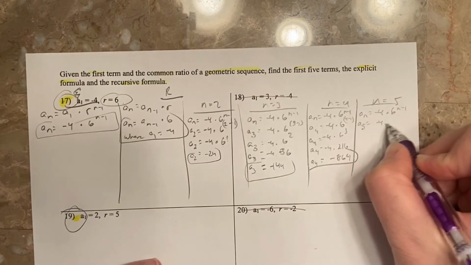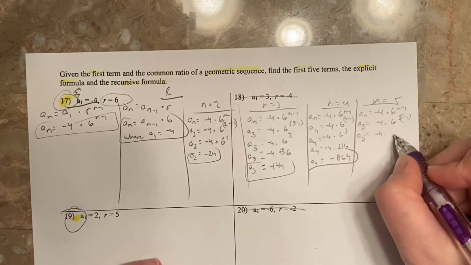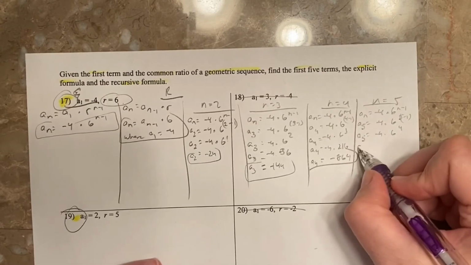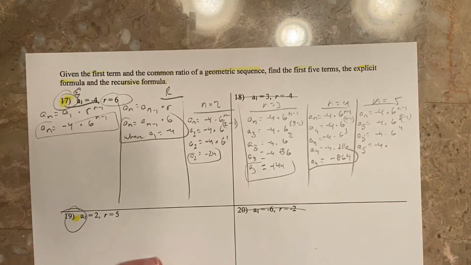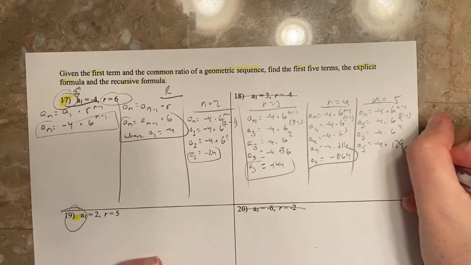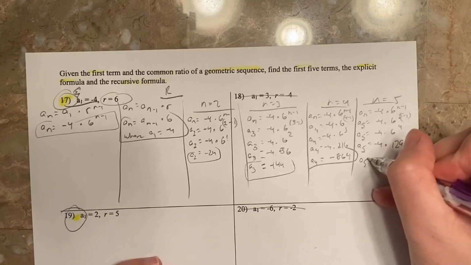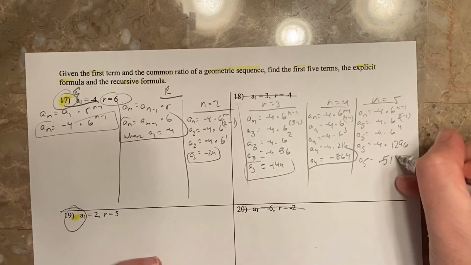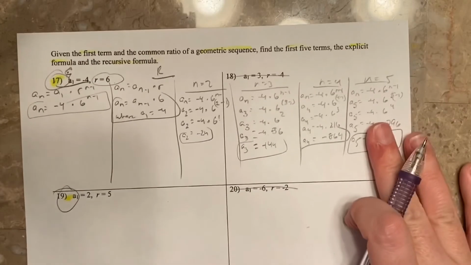A sub 5, 5 minus 1, and 6 to the 4. 6 caret 4 is 1296, times -4 is -5,184. All right, so that's 17.